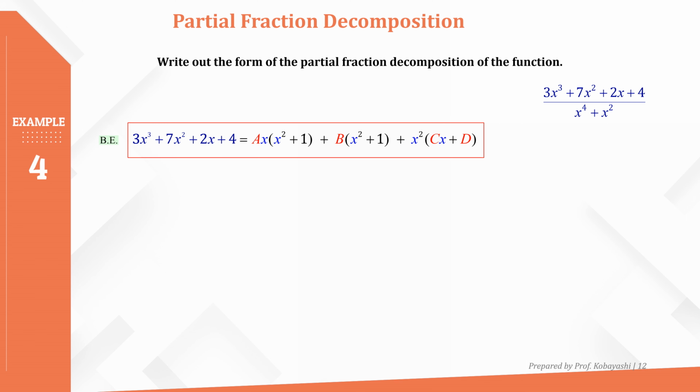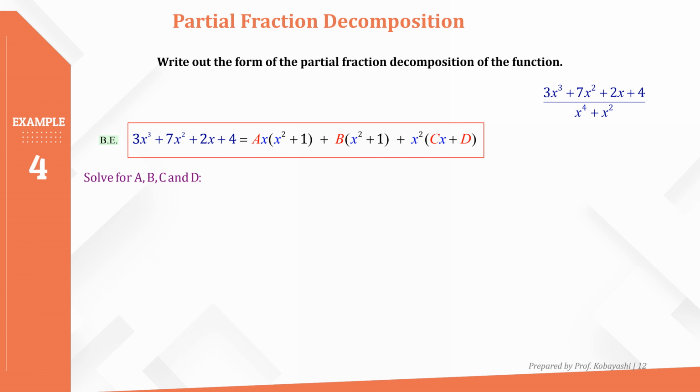Since we have the basic equation, we now need to find the constants A, B, C, and D. The substituting method is not efficient for these types of questions, as obvious roots cannot be found easily for the quadratic factor except for x equals 0.